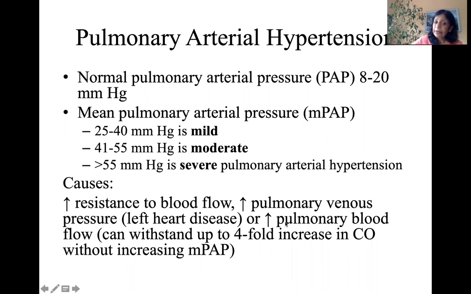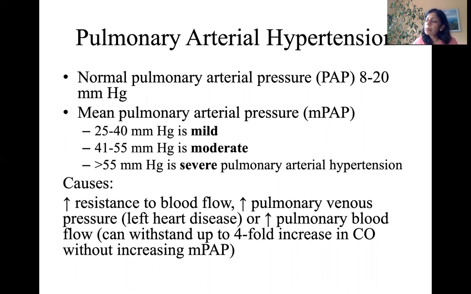Increased pulmonary venous pressure, that is left heart disease, like we talked about earlier, blood not able to fill the left ventricle, so it backs up into the pulmonary vein and causes pulmonary congestion and hypertension. Or increased pulmonary blood flow.